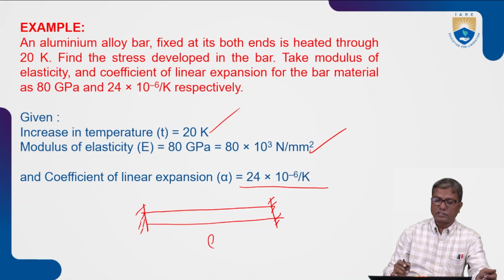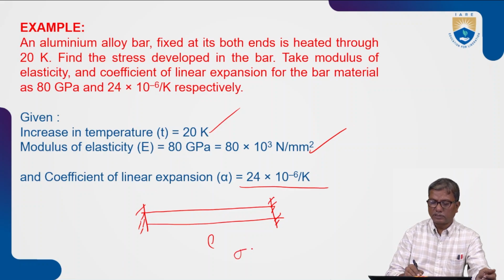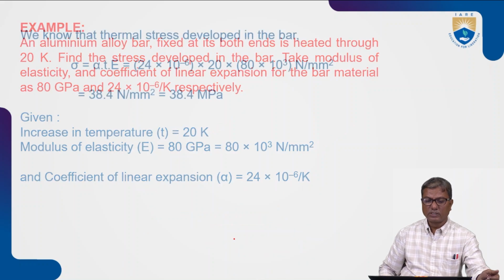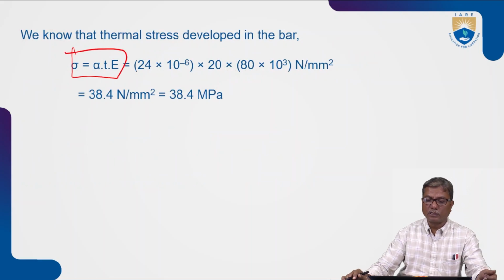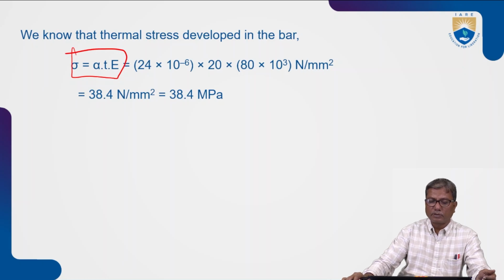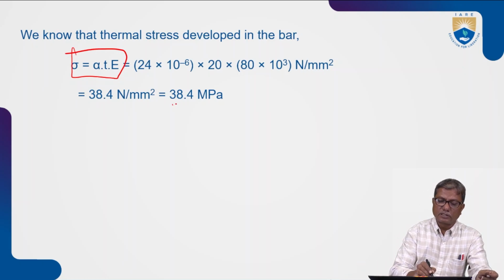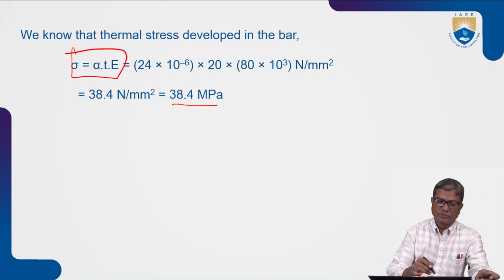So what will be the stress developed? The stress developed is given as alpha TE. Just now we have seen. So by using this, we can find the stress induced in the material of the bar, which is 38.4 megapascals.